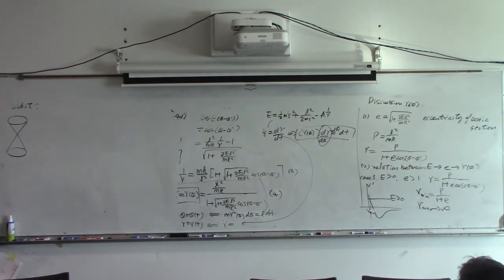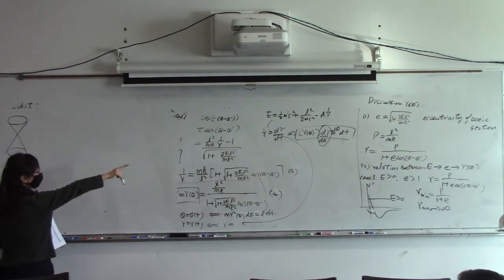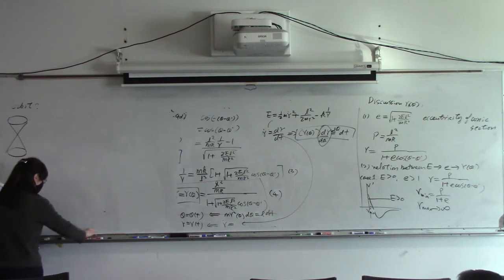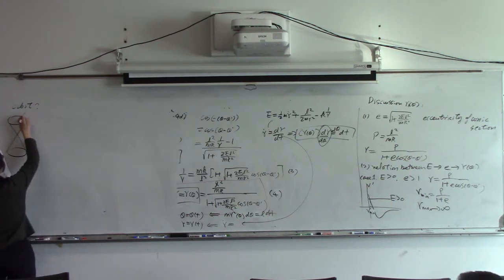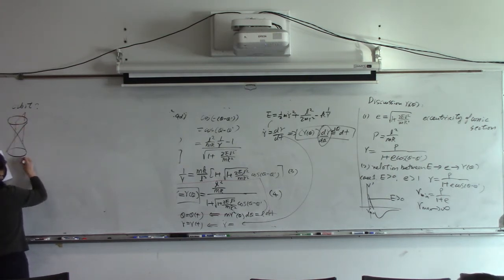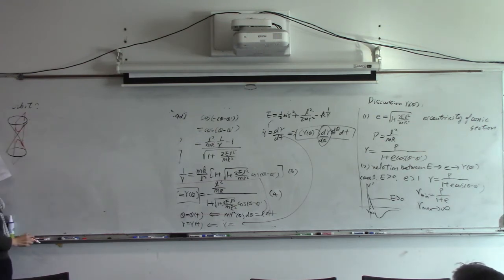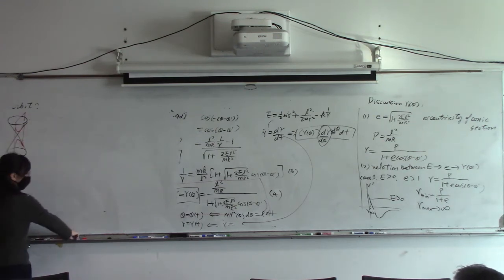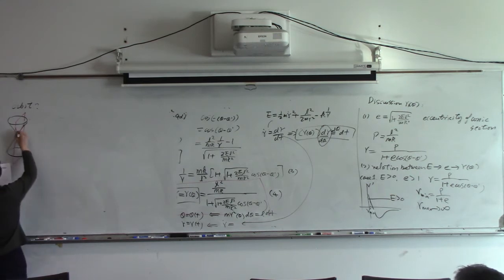When epsilon E is larger than 1, the truncation is this, and what we have is a hyperbola.